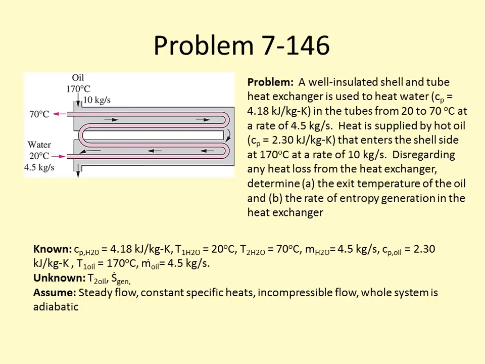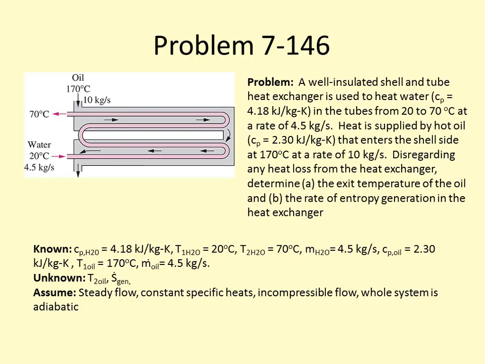So we plug in the numbers for that. This part we determined to be a negative 2.23 kilowatts per Kelvin. So that's the contribution due to the heat transfer from the oil. It's a negative, and then this part is 2.96 kilowatts per Kelvin.